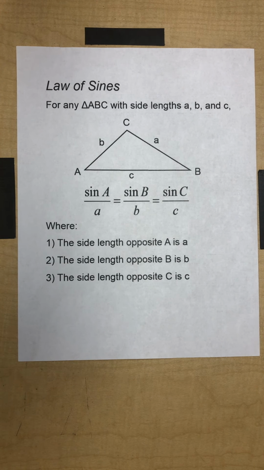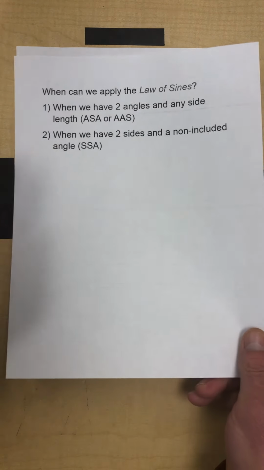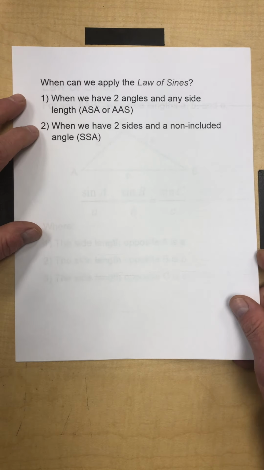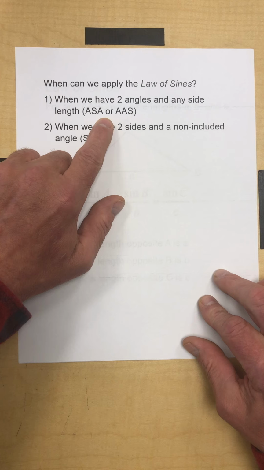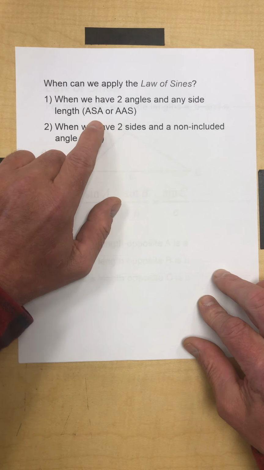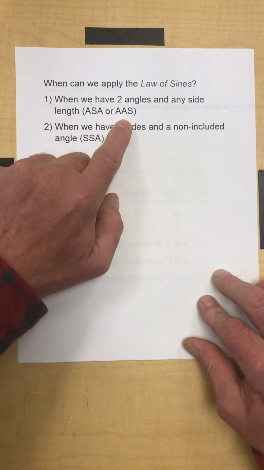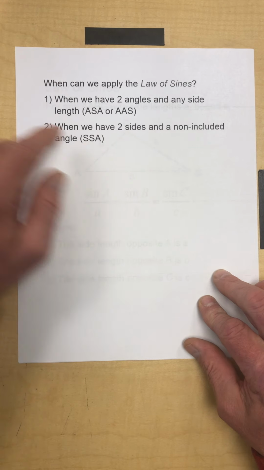So we were working on this law of sines the last 2 days, and you can see for the most part it's pretty easy to work with. And we said that these are the situations you can work with when we have two angles and a side. So it could be ASA where the side's included or AAS where the side's not included.